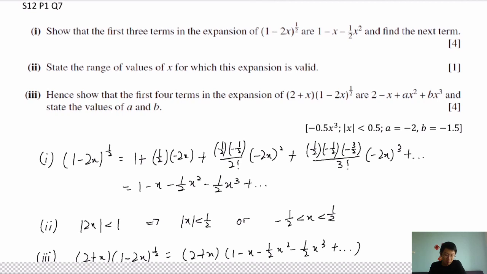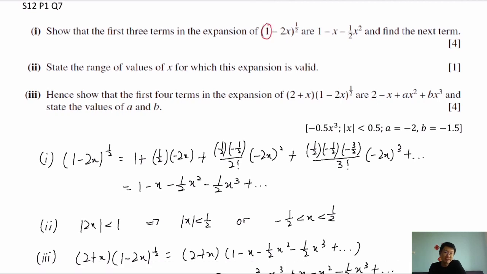We check the constant is a 1, and then apply the formula from MF19 and expand. The first three terms are already given, which lets us ensure that what we have applied is correct, and they also need the following term. Applying from there, the following term will be negative half x cubed.